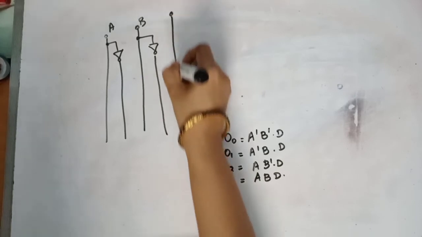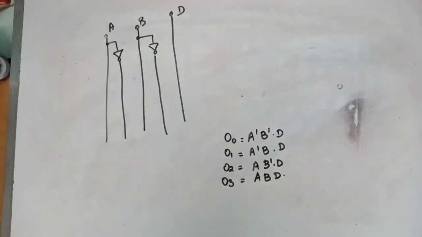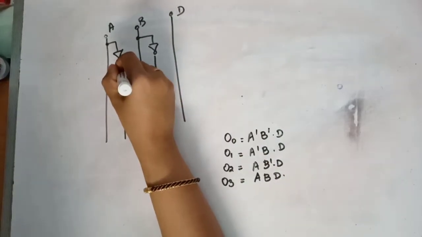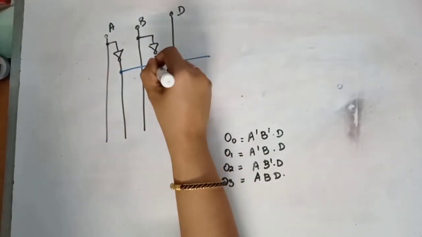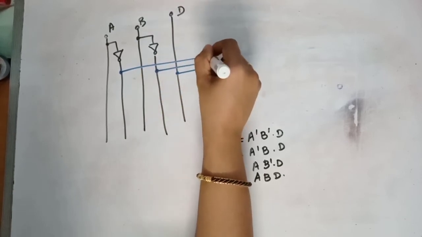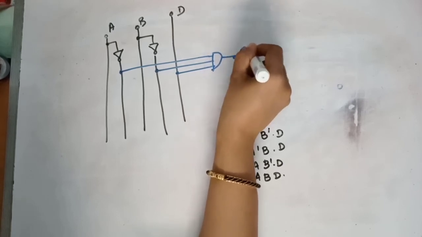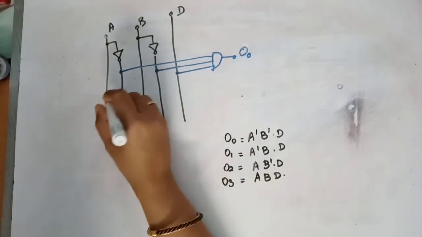Then we have the input line, which is the D. O0 is A bar, B bar, D. So what gate is that? AND. This is O0.